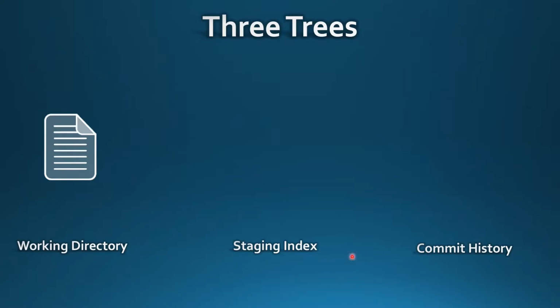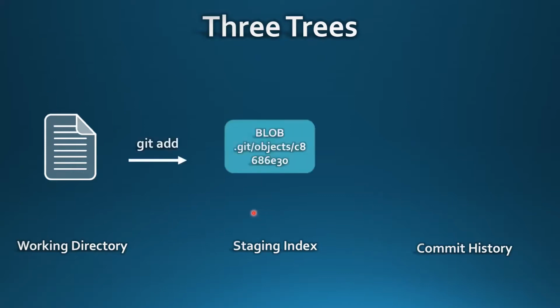The working directory is the files that you have modified. It is simply the directory that bash sees, the directory on your computer where you make the modifications. The staging index: when you do git add, it's going to add a file to the staging index.